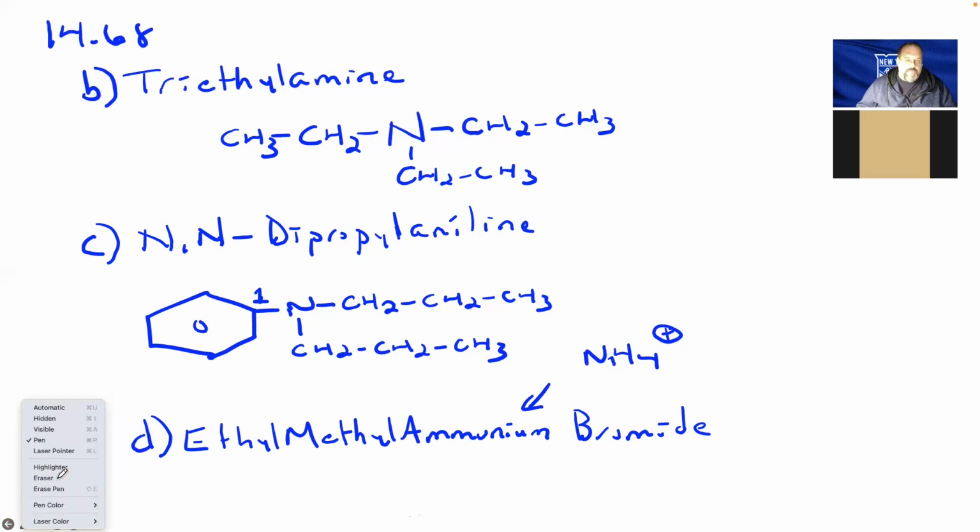Now, in this case, if you look at the name, ethyl, methyl, ammonium, bromide, the ethyl methyl part means how many of those hydrogens from the ammonium ion are we taking out? 2 of them. We're taking out 1 of them and replacing it with an ethyl group. We're taking a second one out and we're replacing it with a methyl group.